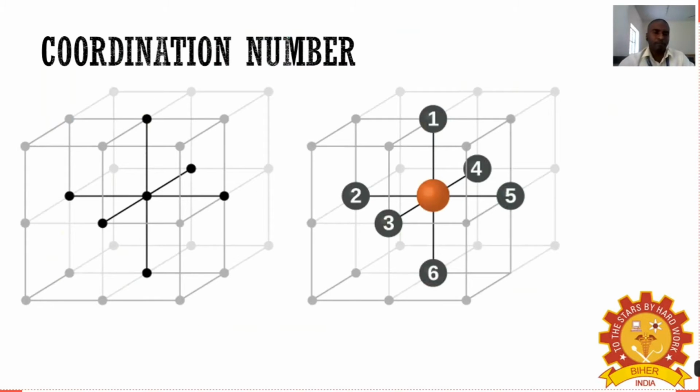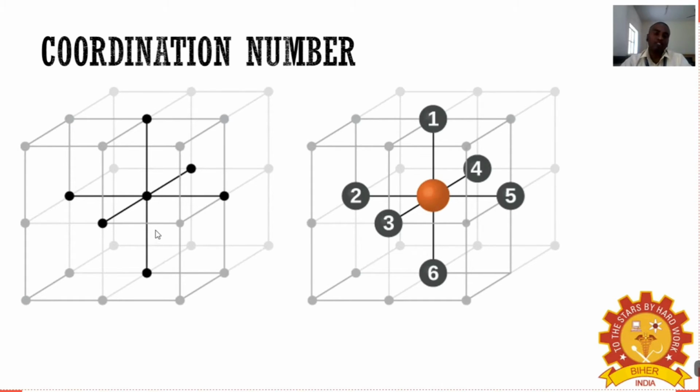Next, we are going to talk about coordination number. Coordination number is nothing but the number of opposite ions present in a crystal lattice. Let's take sodium chloride. In sodium chloride, each sodium ion is surrounded by chloride ions.